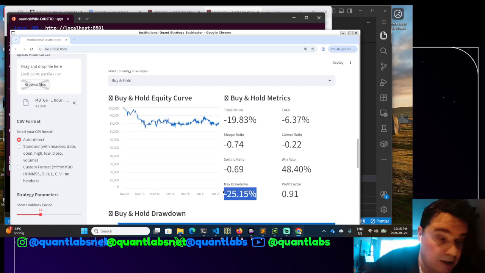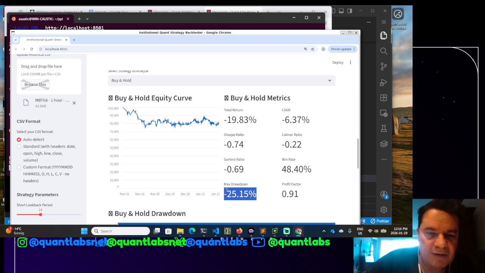Now, for Bitcoin annually, max drawdown can be much higher. Max drawdown negative 25% on a super volatile instrument like Bitcoin, with the performance it's giving, is a pretty high reward compared to other instruments, not very good. But for Bitcoin itself and for this particular strategy, this is pretty good.